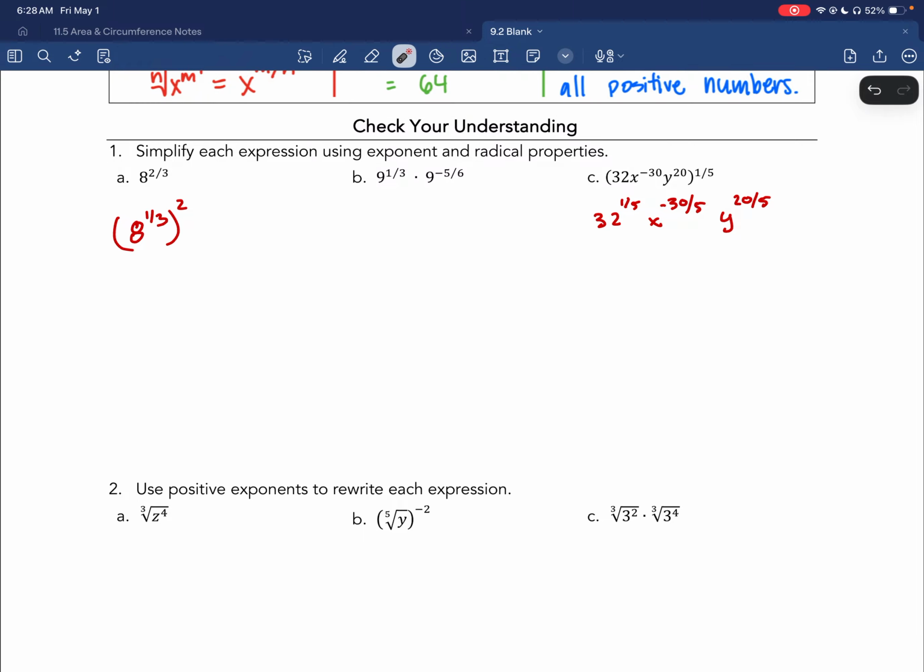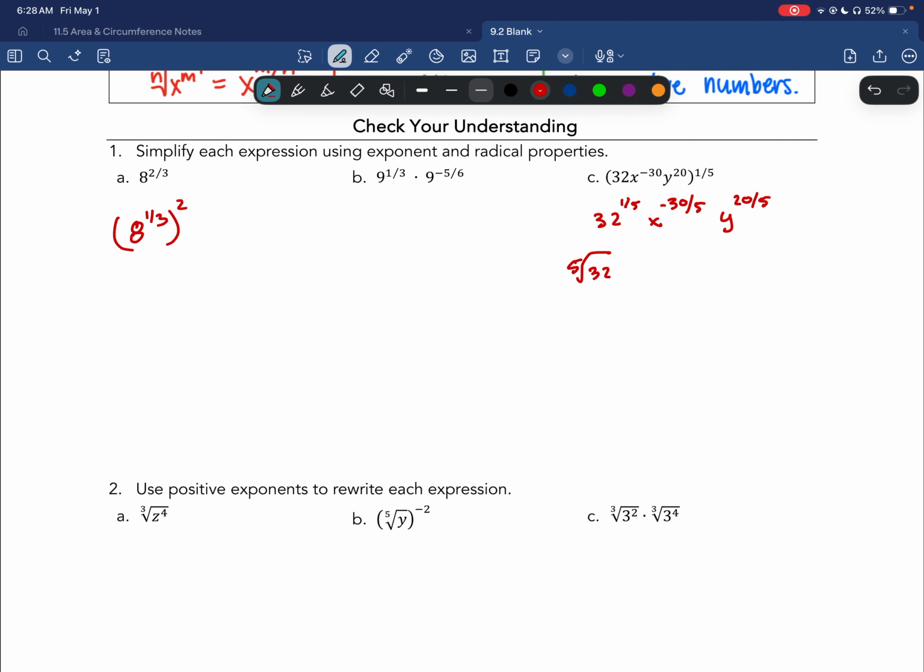The nice thing is, we do have to find what the fifth root of 32 is. But as far as these exponents go, well, I know what 30 divided by 5 is, right? That's 6, so this is x to the negative 6. And 20 divided by 5 is 4, so this is y to the 4th.